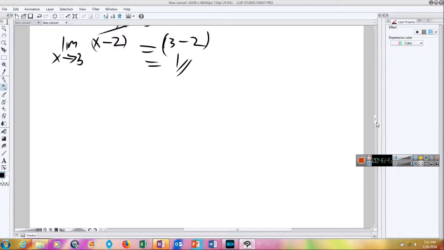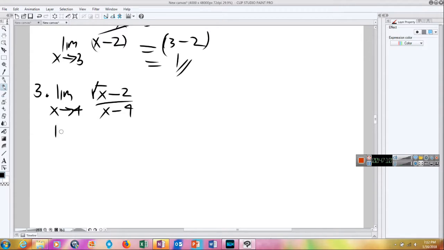Alright, so this time we're going to do something a little different. Number 3. Limit as x tends to 4 for the function the square root of x minus 2 over x minus 4.